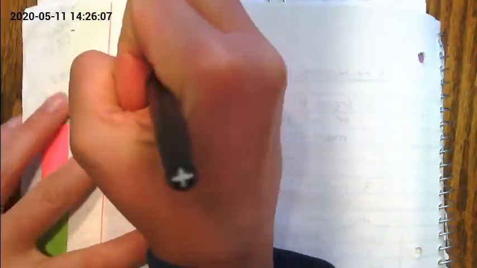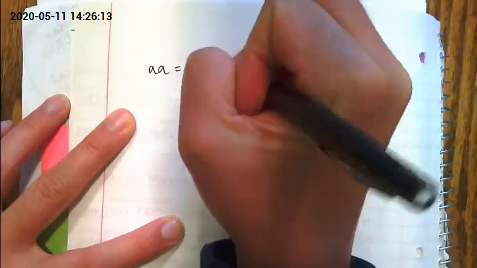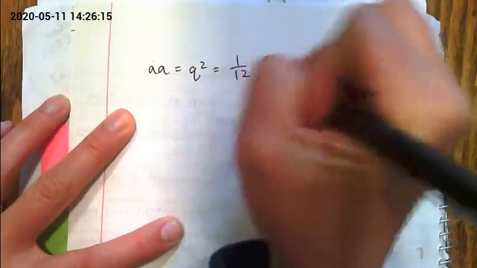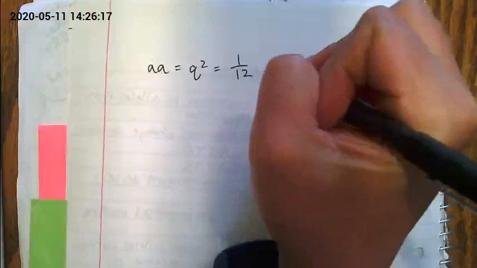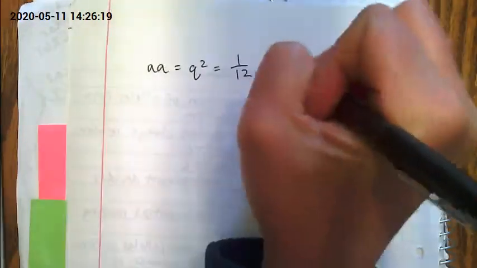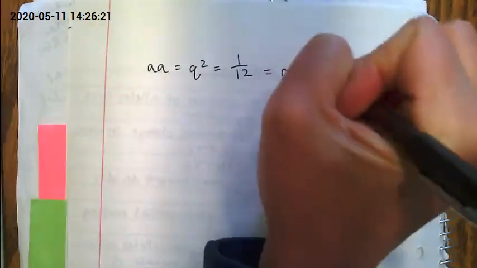So let's see what we got so far. We started with our little a is equal to our Q squared is equal to 1 out of 12, which is equal to 0.0833. All right, so let's write the equations up here as a reminder, and we'll cross them off as we do them.